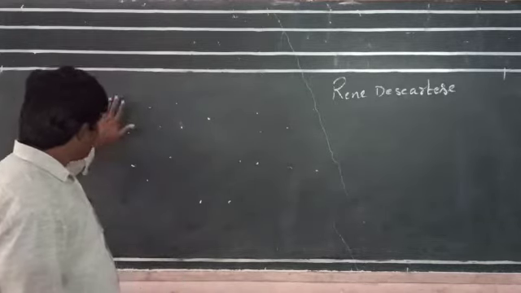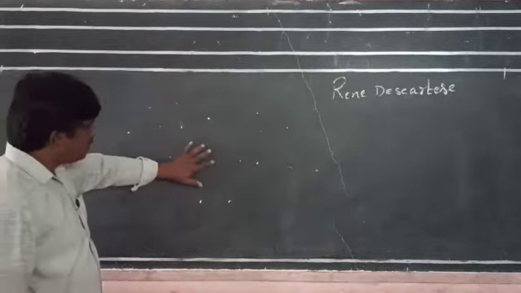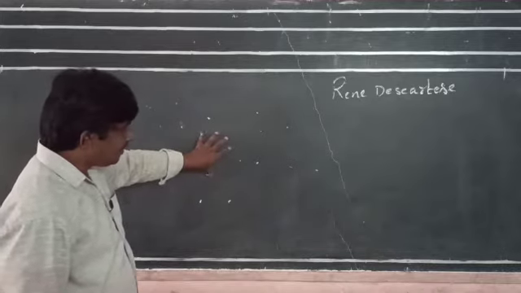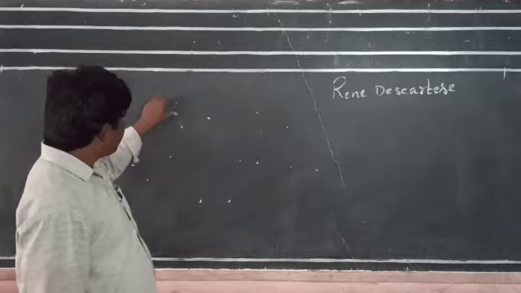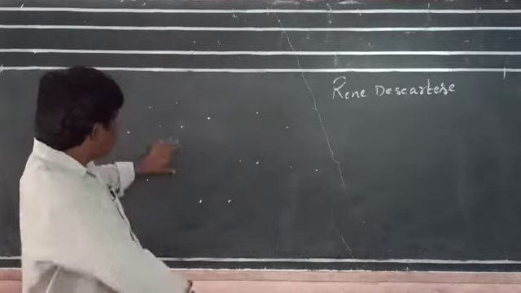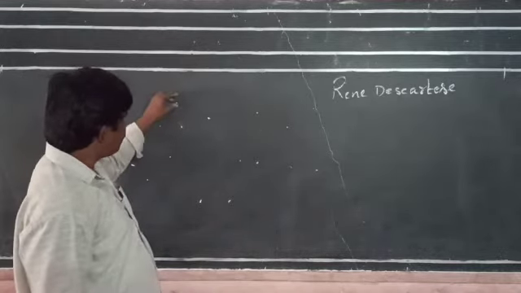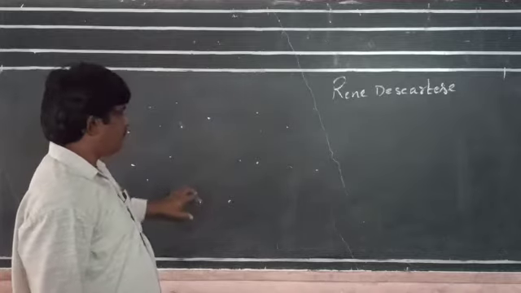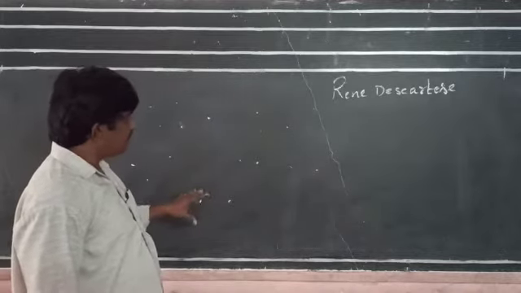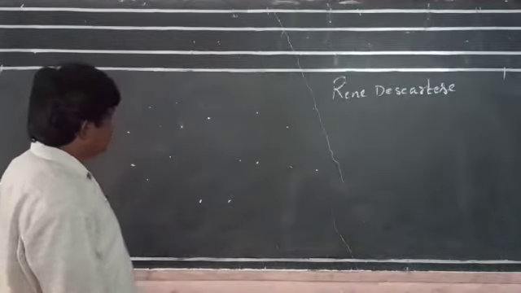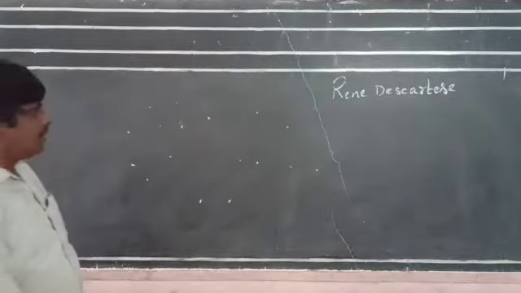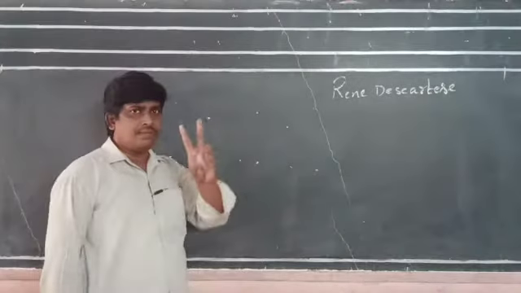Out of the infinite points on the plane, if I choose some points, how can we address those points? For this, Rene Descartes has given a simple thing. He just took two references.